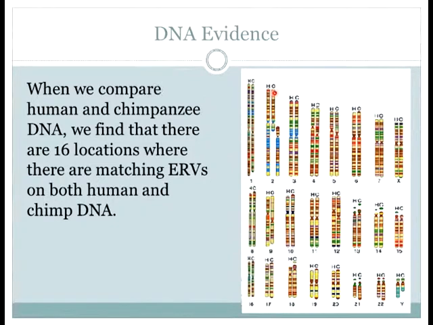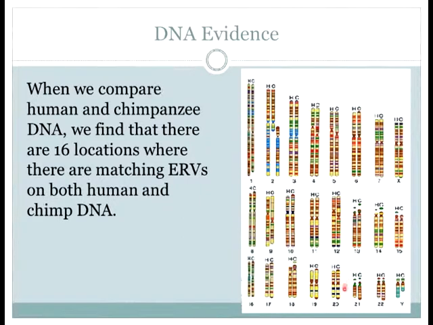Chimpanzee DNA differs from ours only in here in chromosome 2, where chimpanzee DNA is split into 2 chromosomes. Ours is not. It's one single strand.